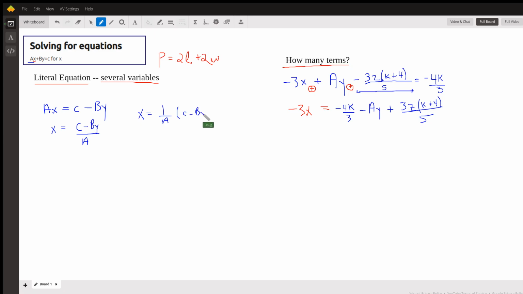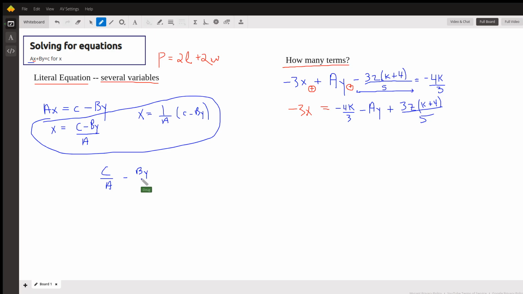Multiply the right side by the reciprocal of a. So either of these answers is acceptable. And there's other forms. You could write c over a minus by over a. That's what you get if you distributed this 1 over a times each term inside the parentheses.